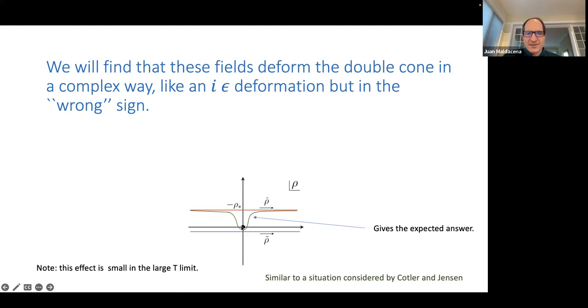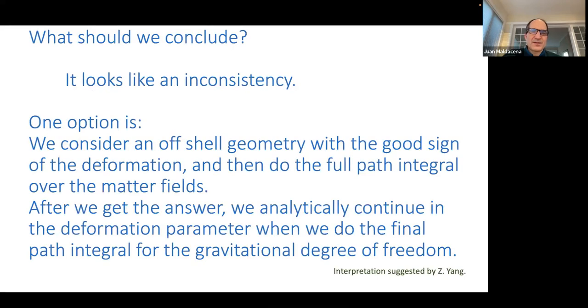So they give a geometry that is deformed with a complex deformation, but with the wrong sign. Something similar was found in a somewhat related computation by Kotler and Jensen, where they were putting complex couplings. Now the question is what we should conclude from this. It looks naively like an inconsistency, in the sense that we consider the quantum fields, assuming that the path integral over the quantum fields is well defined, but then we get that the deformation was in the wrong direction.